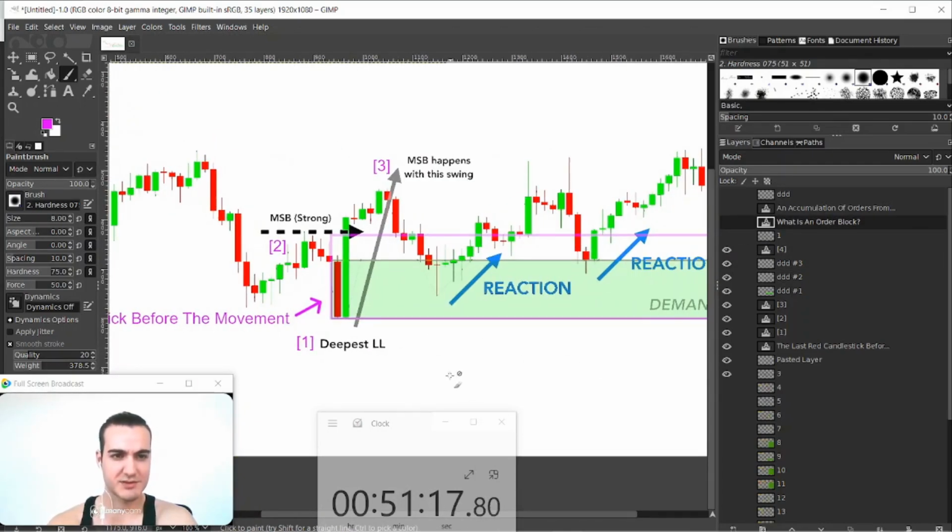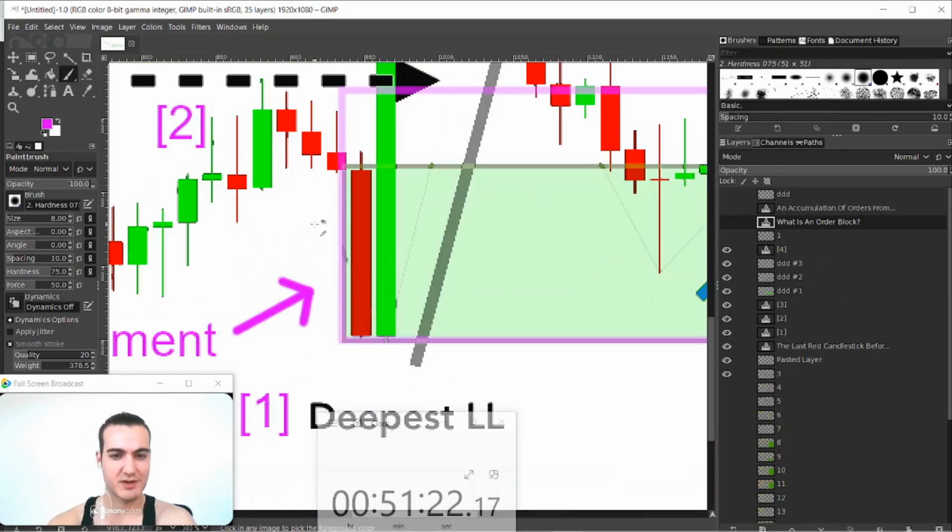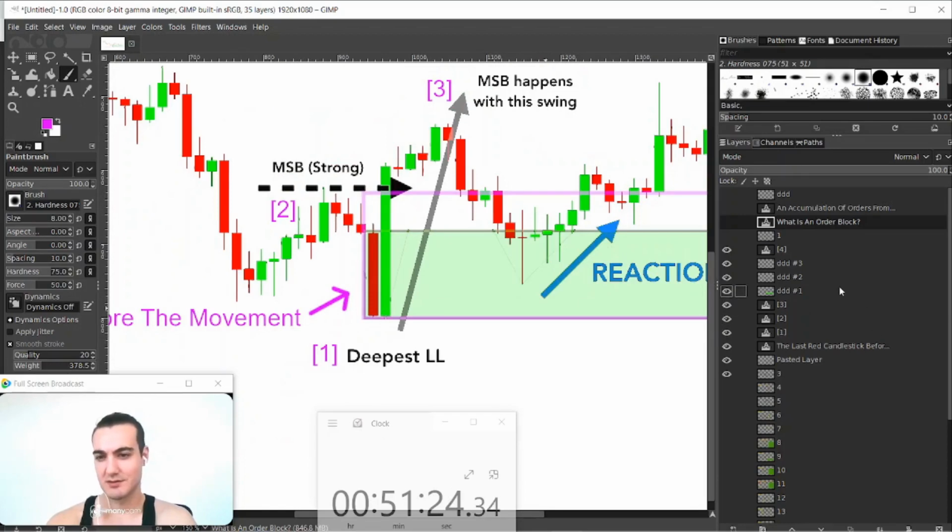And I'll tell you what I'm going to do. I'm going to try to make this red candle more apparent by adding a fade to the surrounding candle.